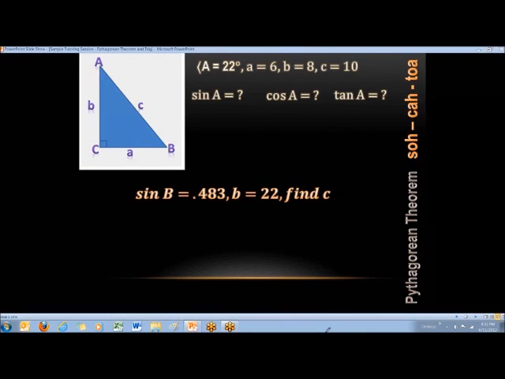So 0.483 equals 22 over C. Now all we have to do is solve. 0.483 C equals 22, so 22 divided by 0.483. What's that equal? 45.55. Perfect.